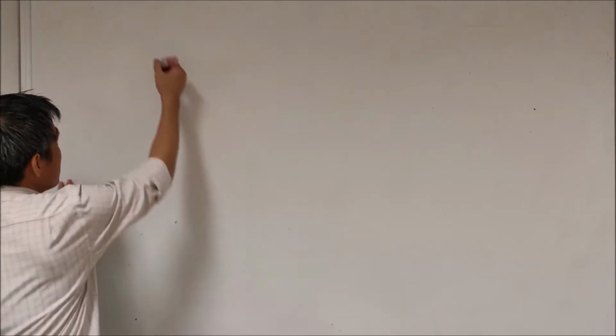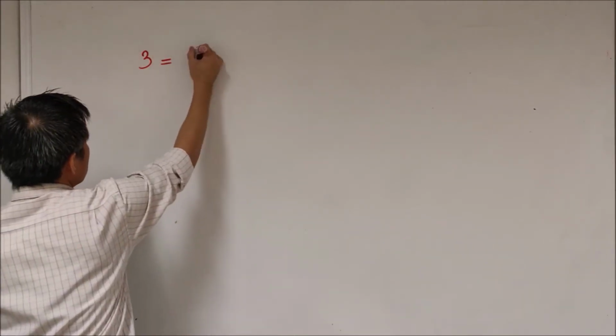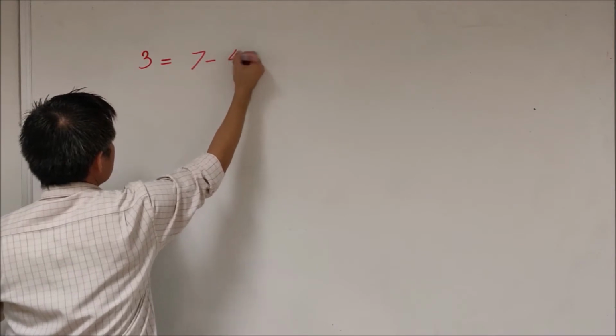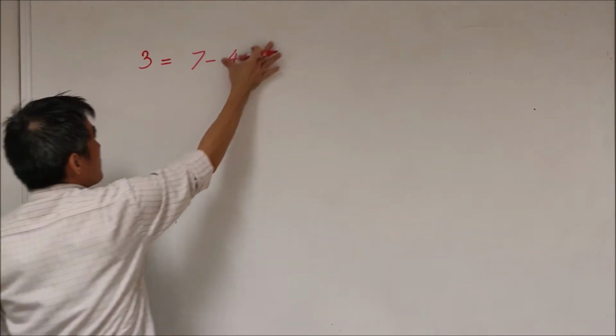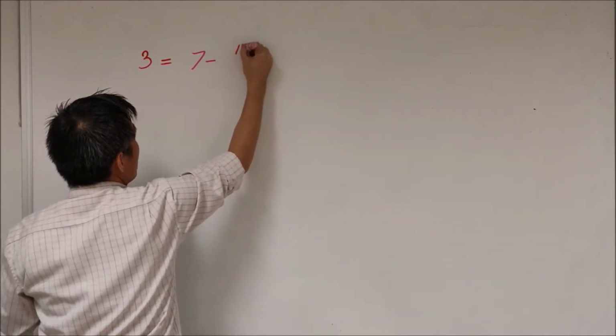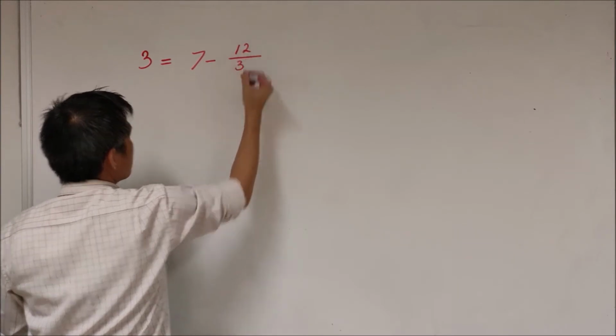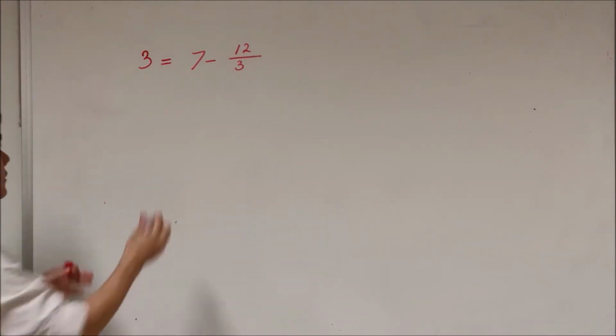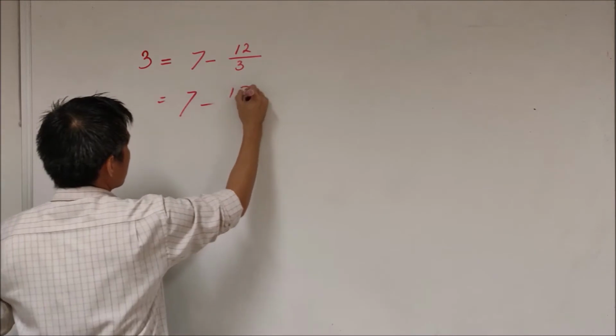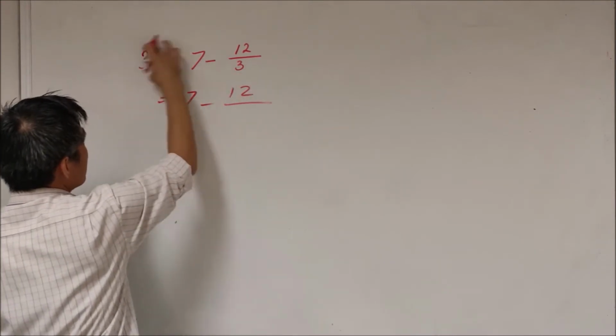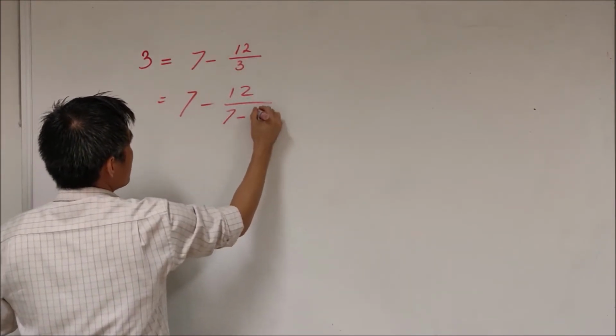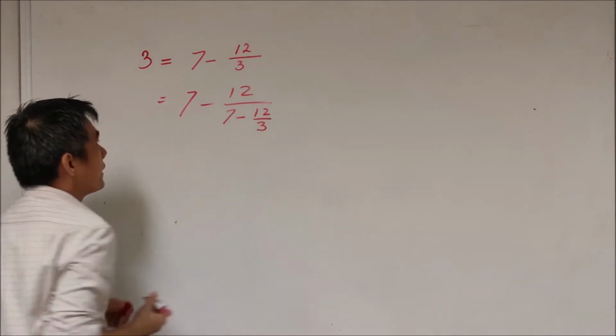Some claim that 3 is equal to 7 minus 4, and 4 can be written as 12 over 3. That's correct. And then the 3 here can be written as 7 minus 12 over 3 again.